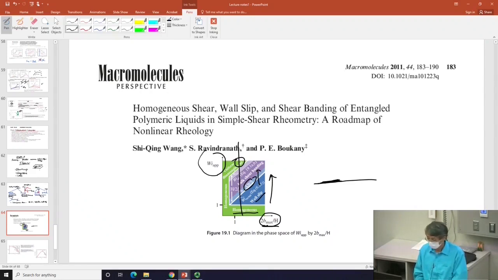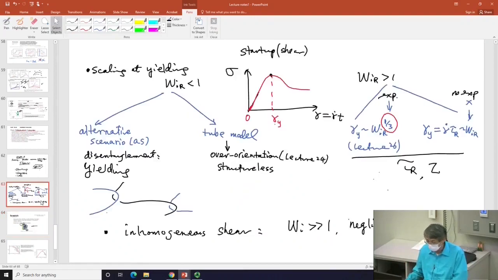So this is the reason I want to mention this, because the whole picture has to have wall slip addressed. I use a simple case where if you have no wall slip, then obviously you can easily achieve high shear in the bulk.